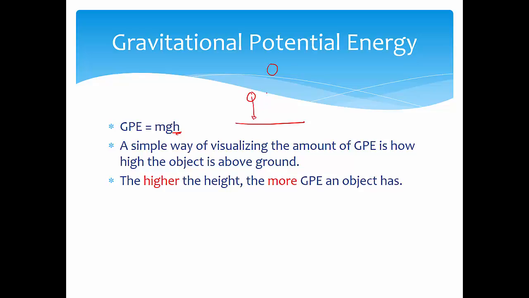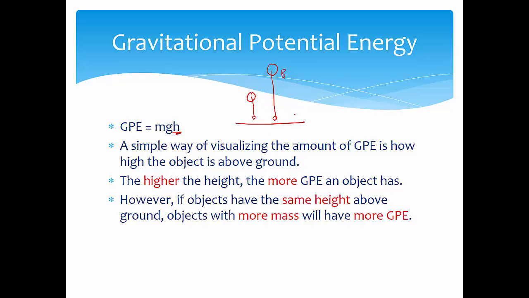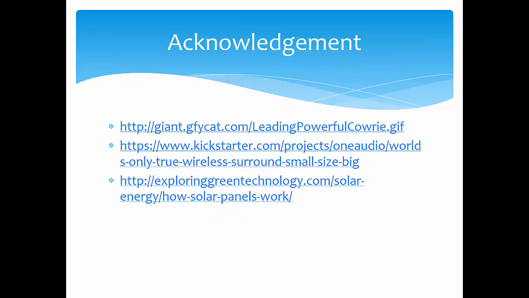As it drops, this object will cause more damage. However, if the objects are at the same height, a larger object will have more gravitational potential energy, as illustrated by this formula. So mass and height are the factors that determine gravitational potential energy.